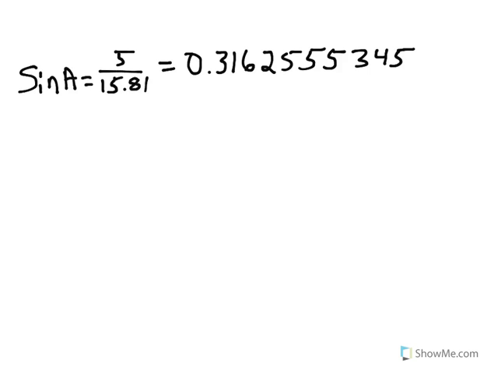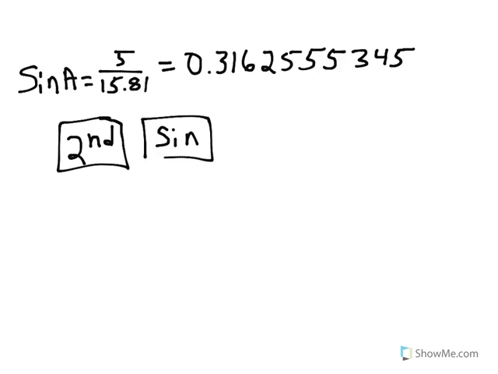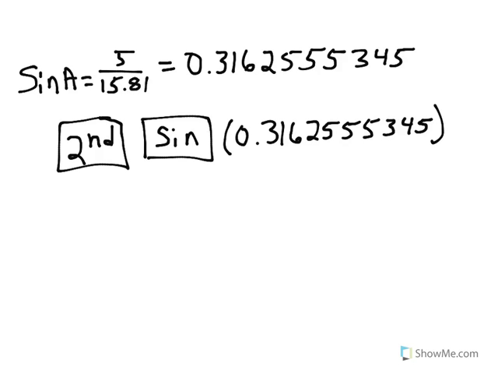If we want to find the angle in degrees, we need to hit the second key on our calculator, or shift key, depending on which calculator you have. Then we press the sine key, and then we type in this decimal value, and then we hit the enter key or equals key.